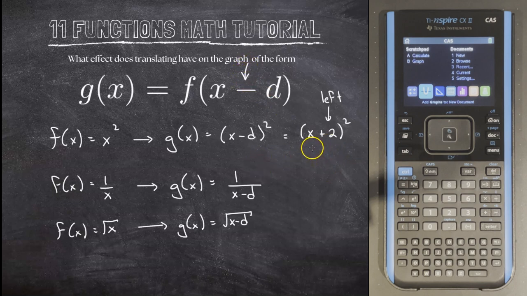So in this case, the value of d is -2, because if we substitute -2 in for d, the double negative gives us a positive. So when d is negative, it shifts to the left. And if d is positive, which would be +2 in this scenario, we have a shift to the right.